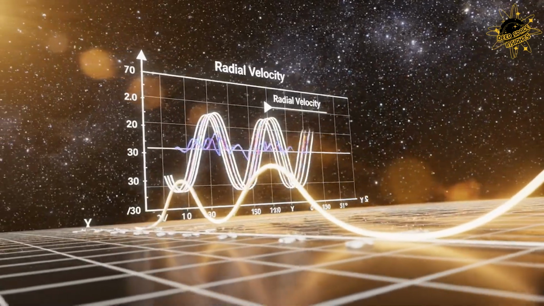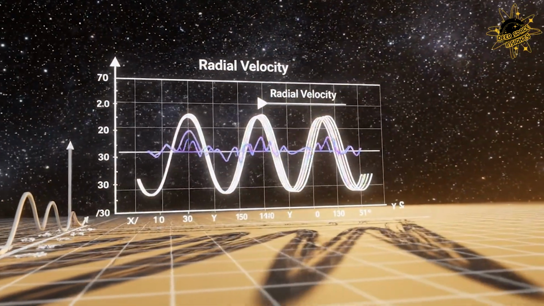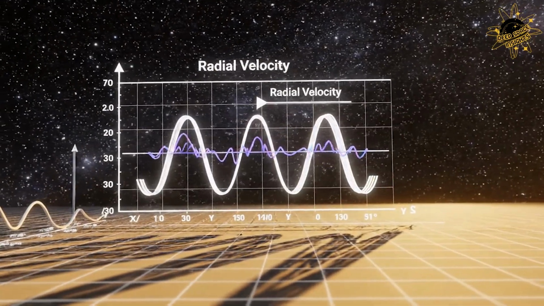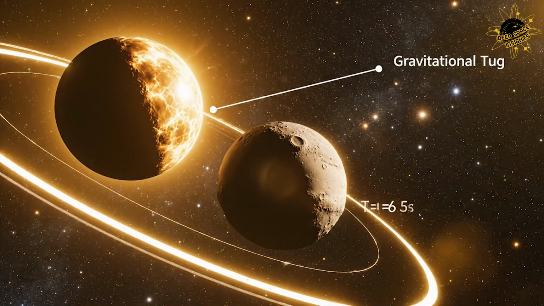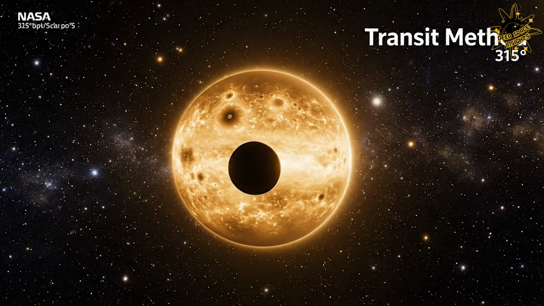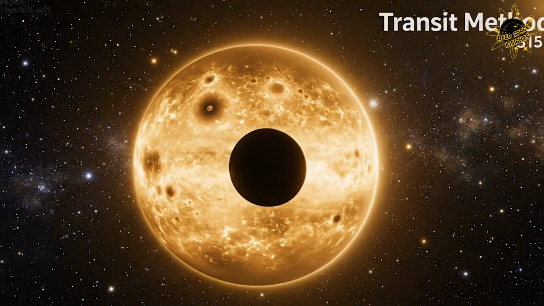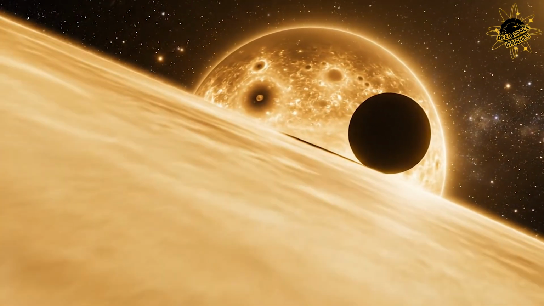Recap. The radial velocity method uses the Doppler shift to find the star's tiny wobble. This wobble is the gravitational tug of a planet that is too faint to be seen. By contrast, the transit method observes the tiny dip in starlight as a planet passes in front.